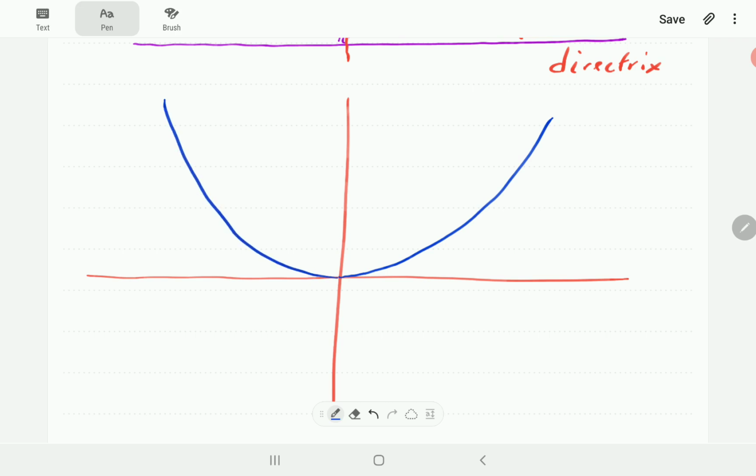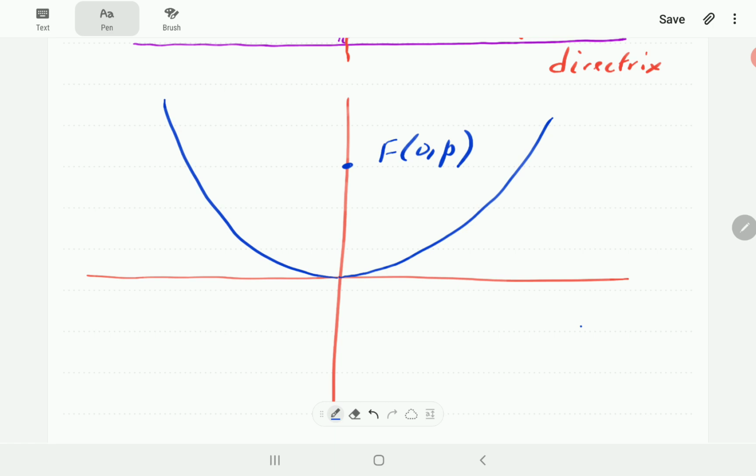The distance from the vertex to the focus, or the fixed point, is called p by definition.